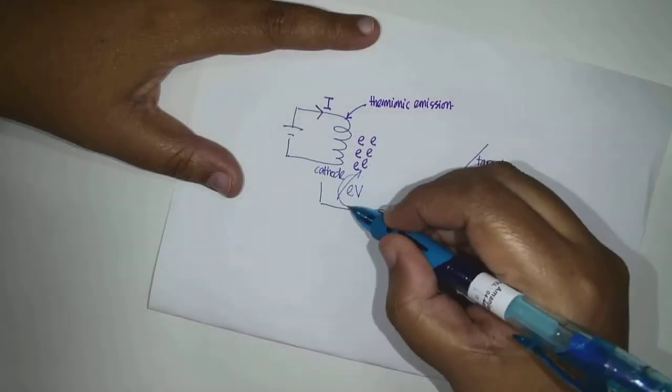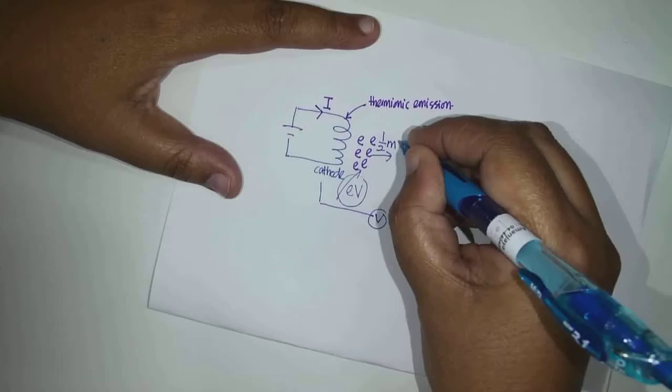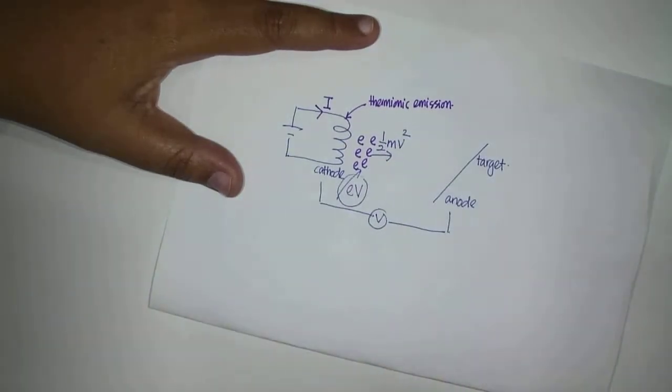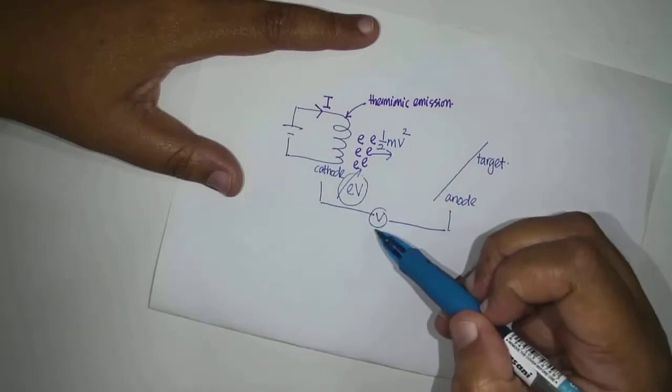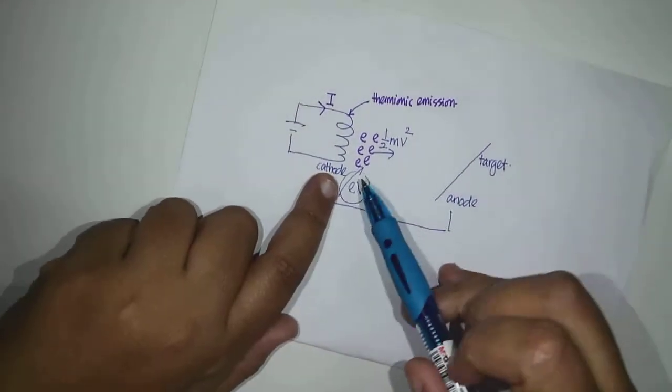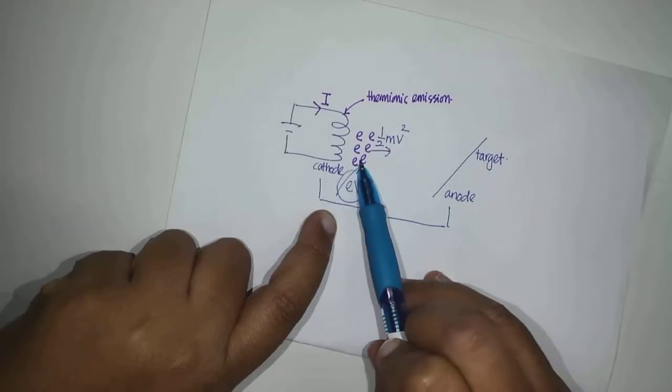The electrons will convert the electric potential energy to kinetic energy, half mv squared, based on the principle of conservation of energy. So when voltage is supplied, that means electric potential energy is given to the electrons.